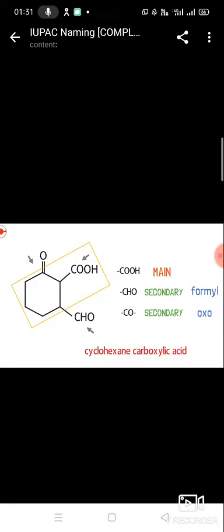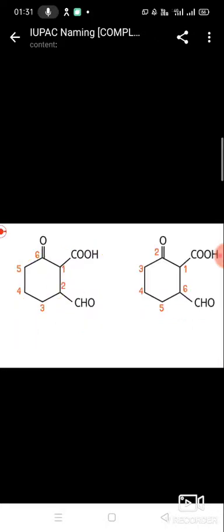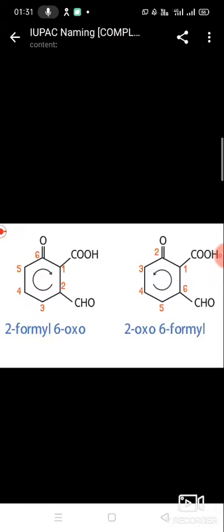So cyclohexane carboxylic acid. In this carboxylic acid, the second carbon atom has the oxo group and the sixth carbon atom has the aldehyde. So 2-formyl 6-oxo, or also 2-oxo 6-formyl.